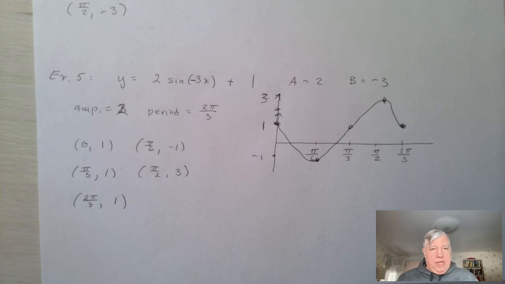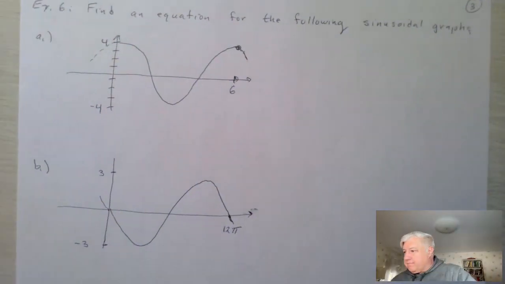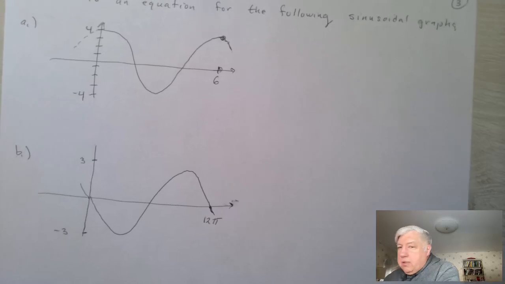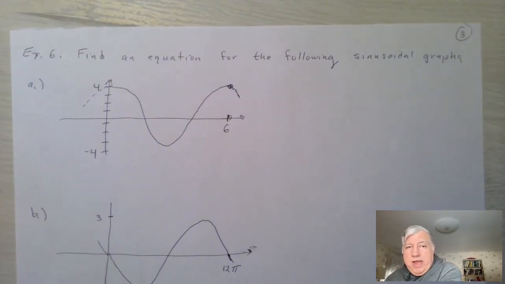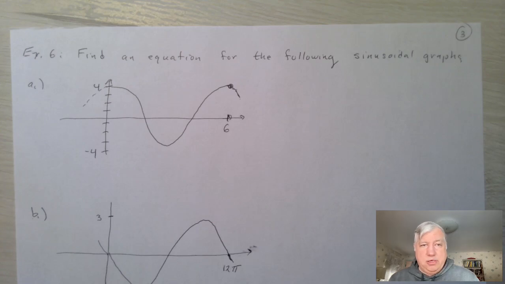Great. Let's switch things up a little bit, and let's suppose we have the graph, and let's see if we can identify the equation that works. Let's say we have an equation, and actually we can figure out what the period is very quickly.